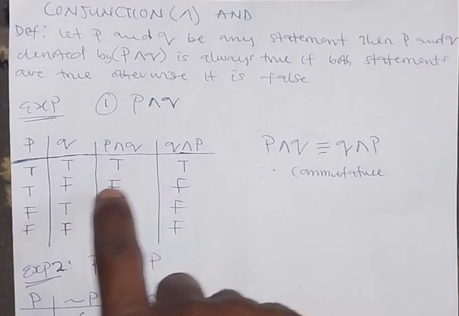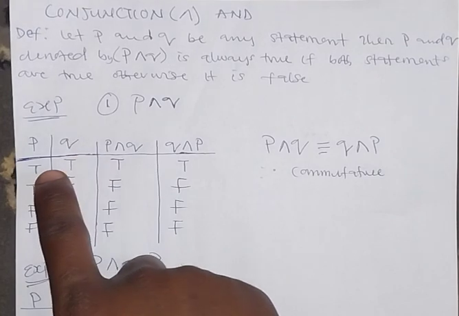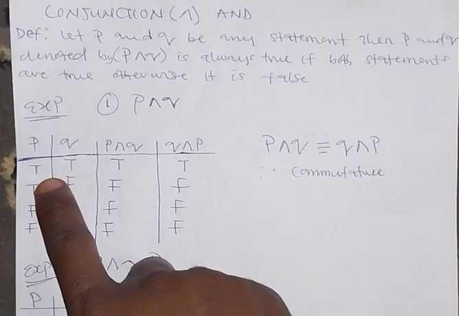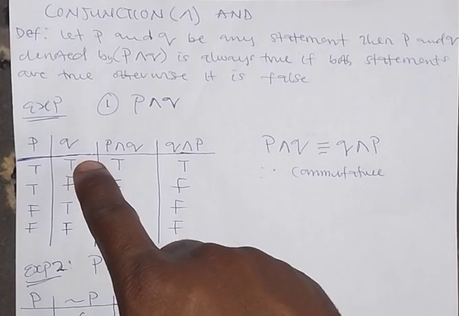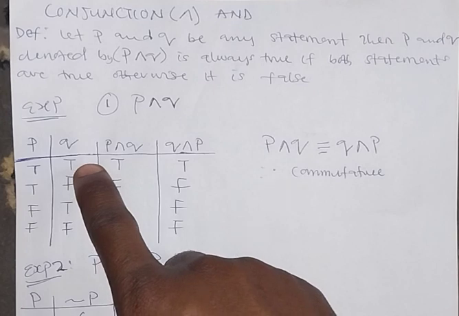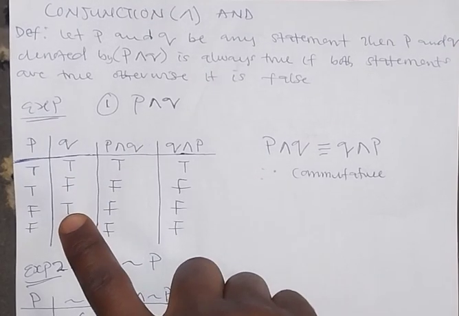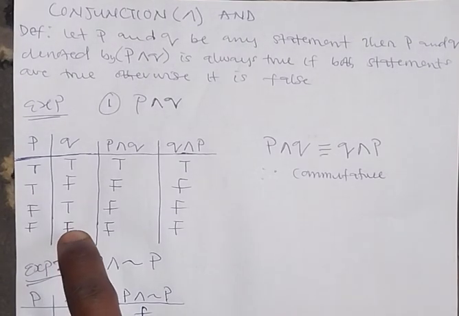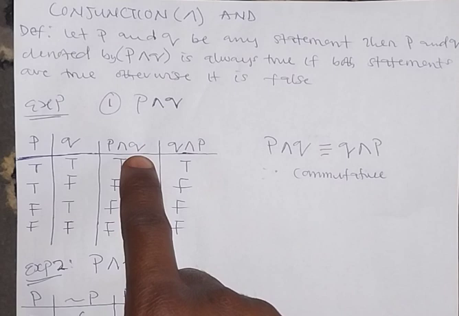We are going to say P and Q. So under P, since P is the first statement, we are going to have 2 true and 2 false. For the second statement, we're going to have true, false, true, false.